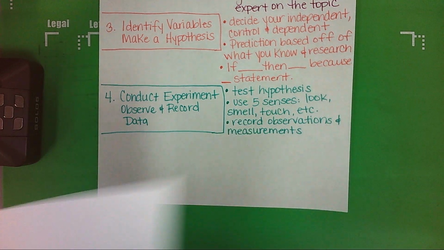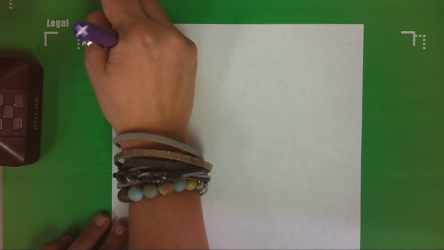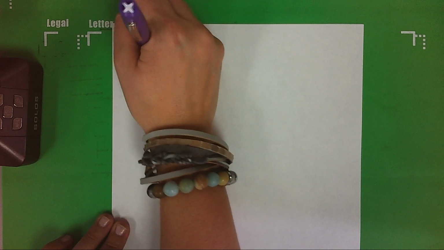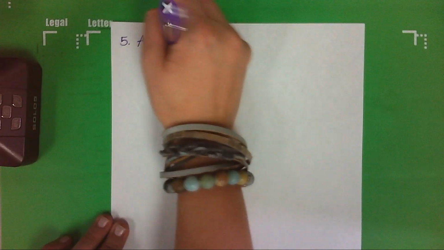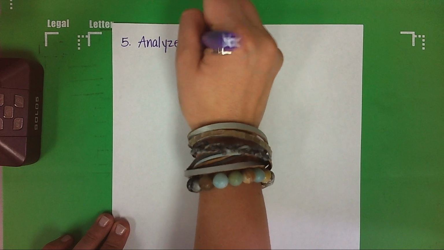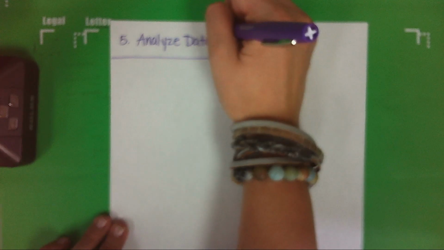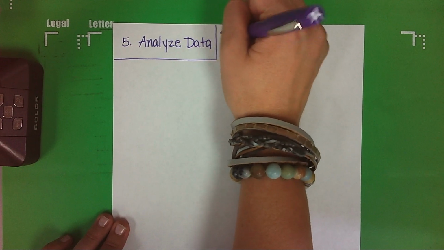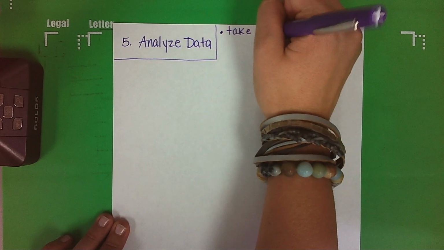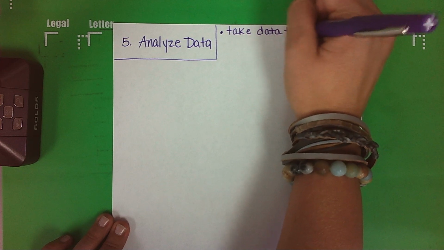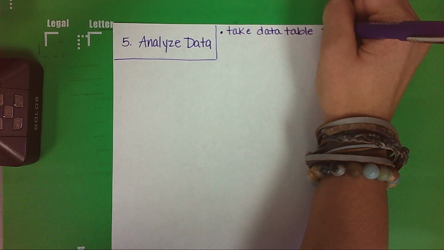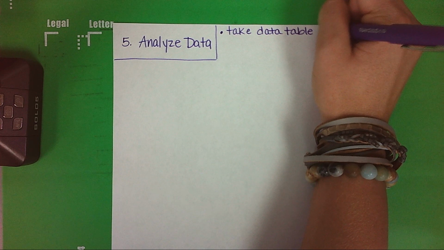So now let's talk about the next step. Okay, so after you have all of your data in your data table, then what do you do with it? Okay, so step 5 is to analyze your data. This is where you take your data table and you make a graph.